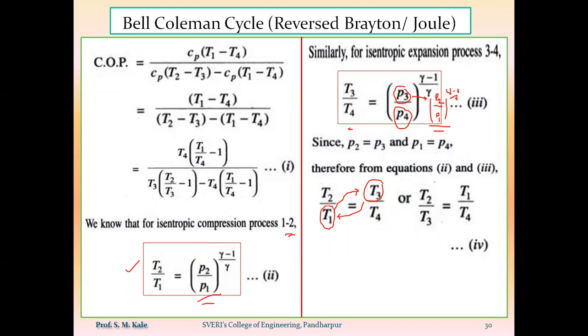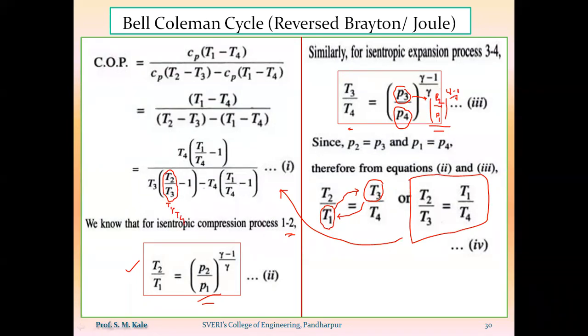Now as I'm getting T2 by T3 is equal to T1 by T4, I will put this value in equation number 1. Instead of T2 by T3, I will put T1 by T4.